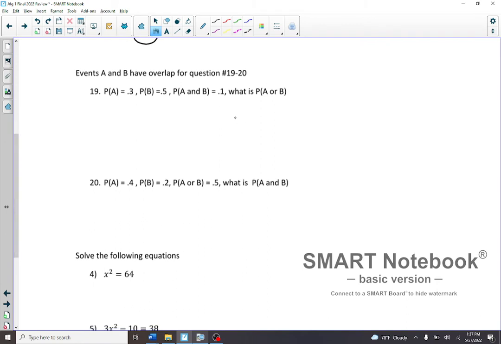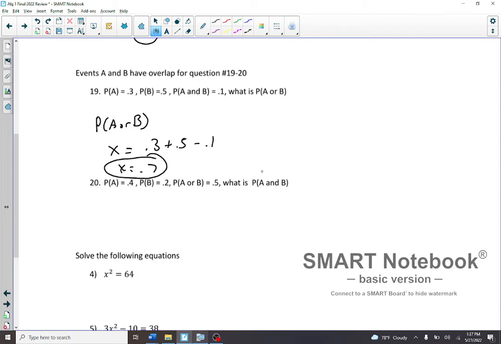Here, they do have some overlap. So over here, we have P(A) equals 0.3, P(B) equals 0.5, P(A and B) is 0.1. So P(A or B) is the one that's by itself. So X equals 0.3 plus 0.5 minus 0.1. You could scroll back if you need to look at the equation. So 0.8 minus 0.1, X equals 0.7.